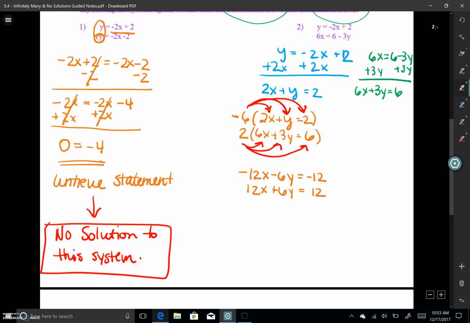From here, I want to go ahead and add my equations together, but look what happens when I add the equations. Negative 12x plus 12x cancels. Negative 6y plus 6y cancels. Negative 12 plus 12 cancels. So everything canceled. My variables are gone, my constants are gone, everything has canceled.